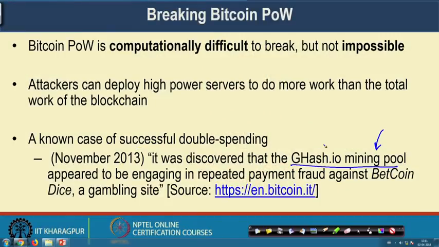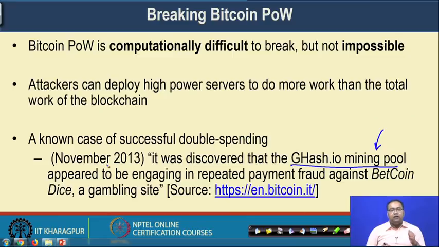It was discovered in November 2013 that the ghash.io mining pool appeared to be engaging in repeated payment fraud against Bitcoin DICE, which is a gambling website. So that kind of double spending happened over there, and ghash.io was able to launch a double spending attack over the Bitcoin network.